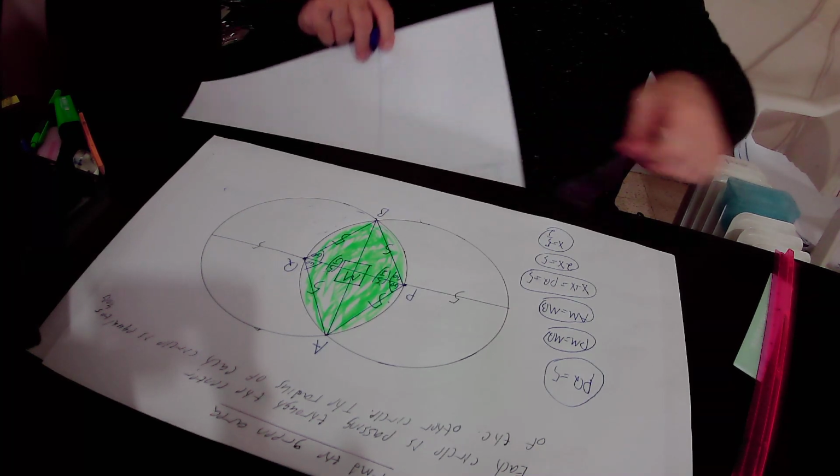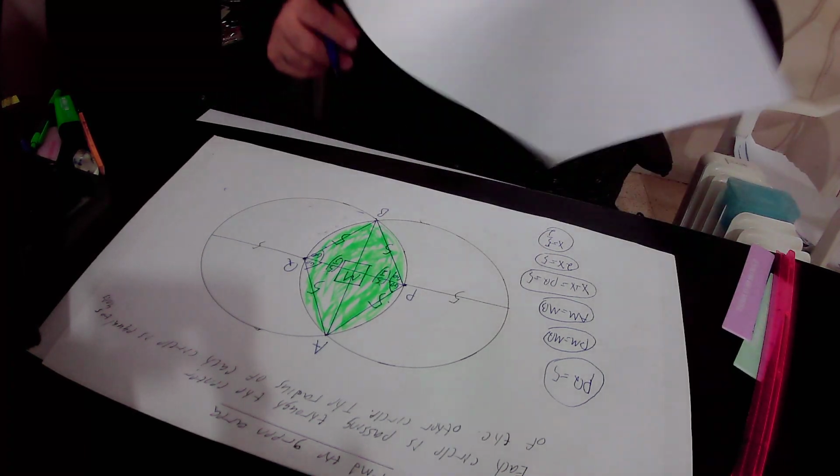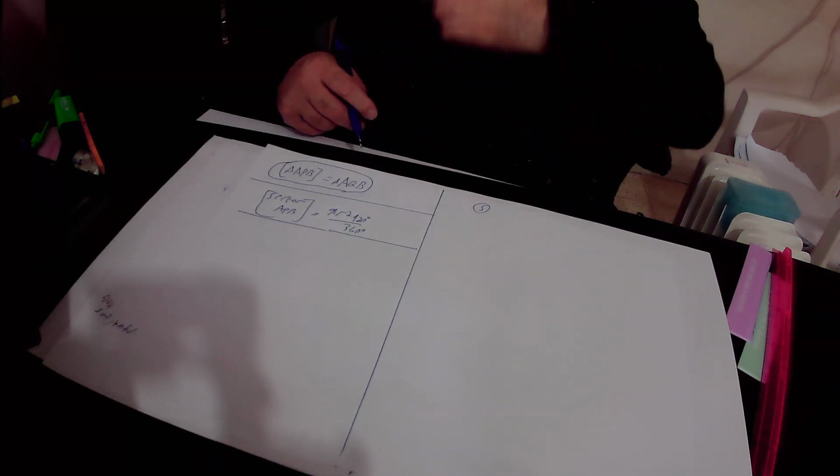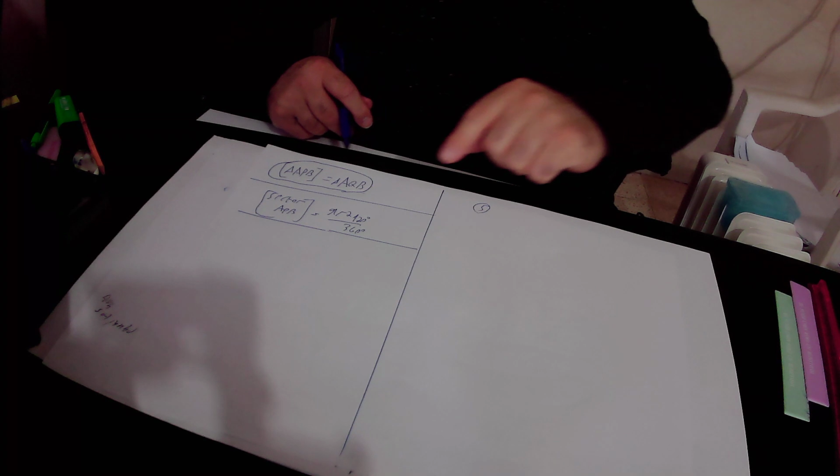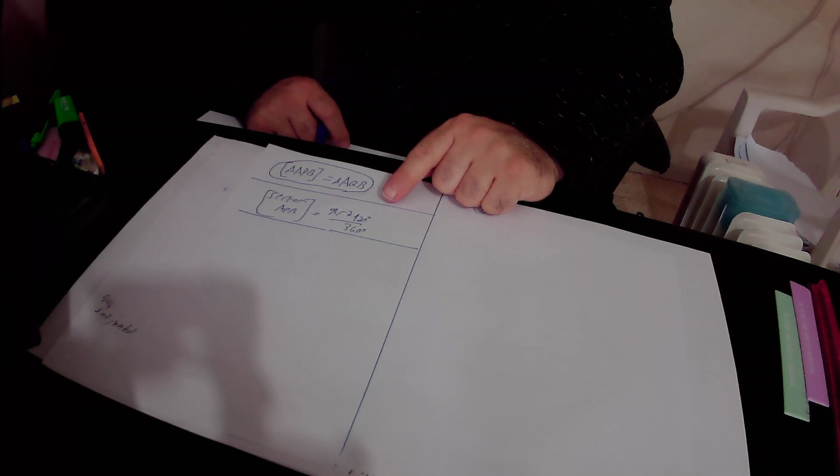I repeat again, the area of sector APB equals pi r square times 120 degrees over 360 degrees.